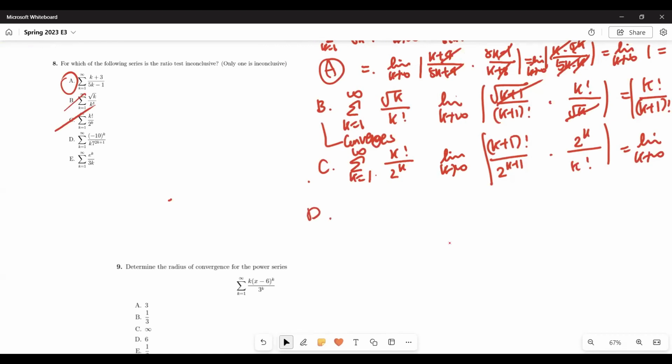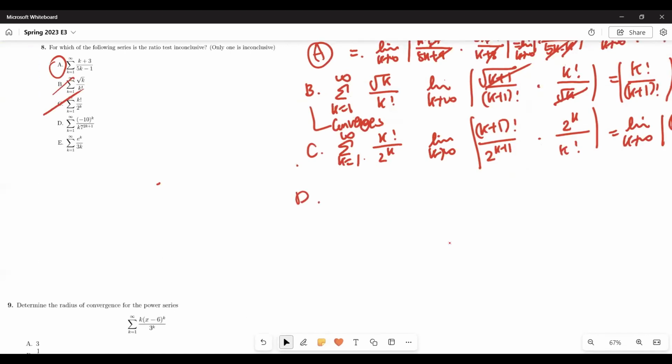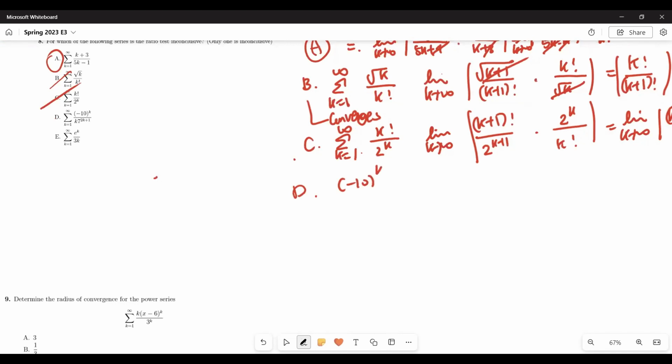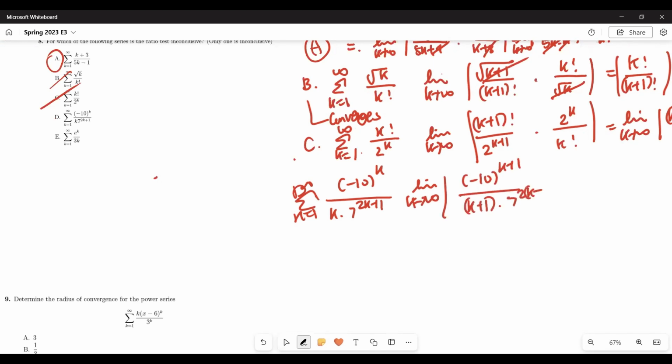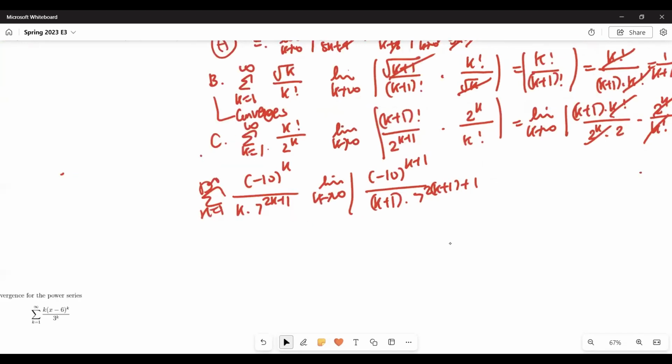So let's try D. I'm going to move this. D is negative 10 to the k over k times 7 to the k plus 1. So taking the limit as k goes to infinity, with the sigma: negative 10 to the k plus 1 over k plus 1 times 7 to the k plus 1 plus 1, multiplied by the reciprocal, which is k times 7 to the k plus 1 over negative 10 to the k.